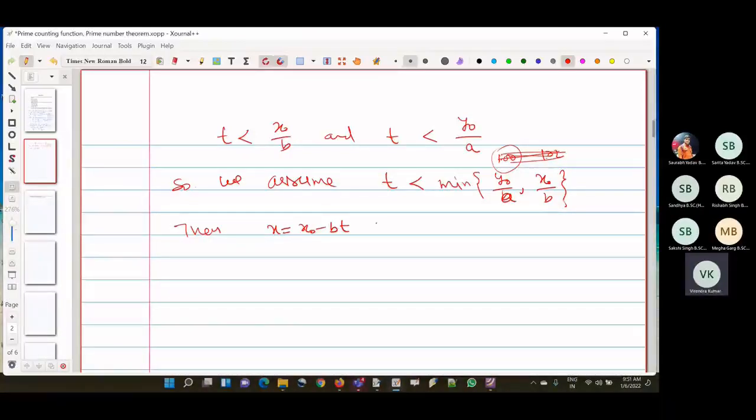Then for this choice, we must have X equals X naught minus BT greater than 0, and Y equals Y naught minus AT also greater than 0.